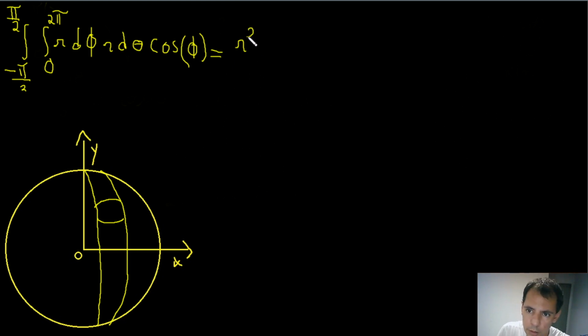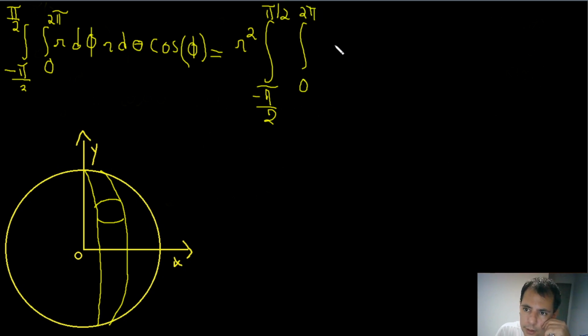It's going to be r squared, and then you have the integral from minus pi divided by 2 to pi divided by 2 times the integral from 0 to 2 pi of d theta, and then you have cosine of phi d phi.